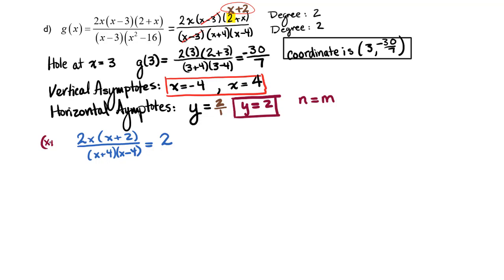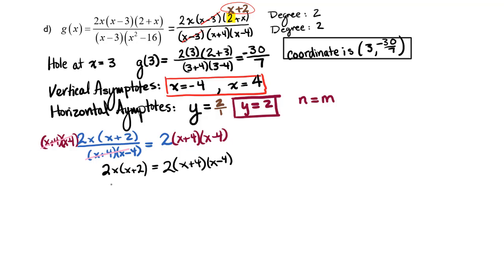Multiplying both sides by (x plus 4) times (x minus 4) will allow us to reduce the denominator, and we'll have 2x times (x plus 2) equals 2 times (x plus 4) times (x minus 4).